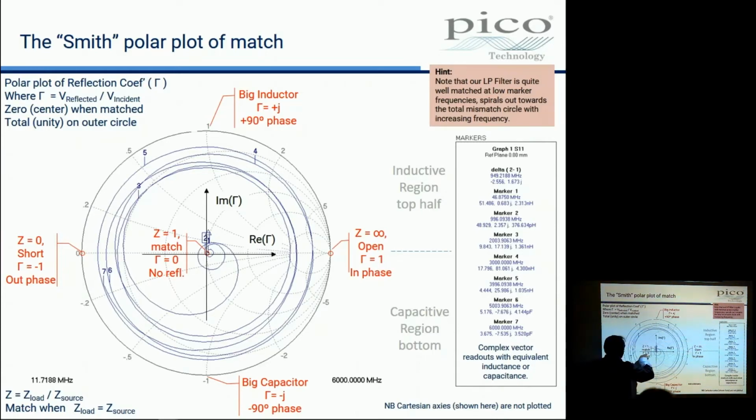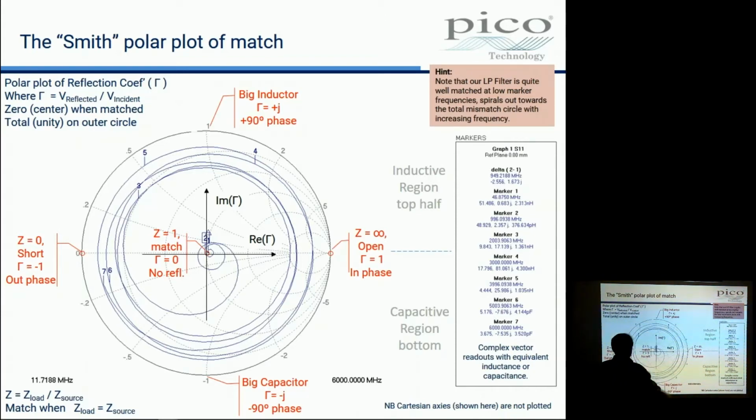We've already said that it's the real information and the imaginary information plotted as a polar plot. If everything was matched perfectly, there would be no reflecting signal, and therefore everything would be right slap bang in the center of that polar plot. No signal coming back off the reflection.